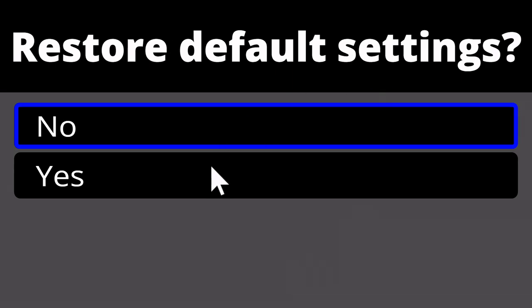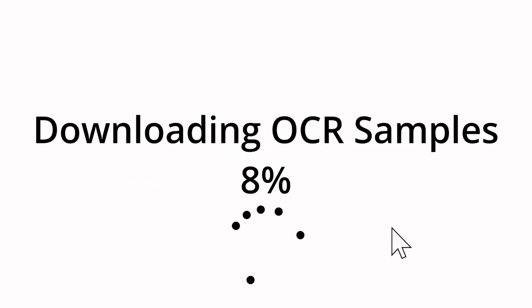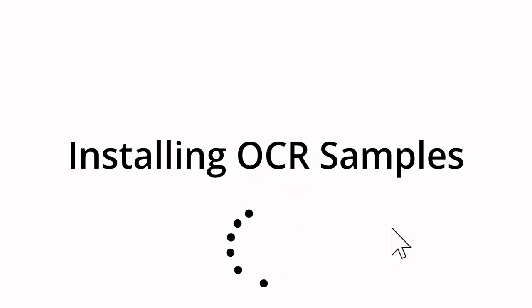And if I click on that and click Yes, it's going to clean up everything in the system. It's not going to remove any of my voices that I've downloaded and installed or anything of that nature. But what it's going to do is clear my OCR samples and then reset the colors, the number of icons that appear, how many applications appear in the carousel, and so forth, back to the default, so I don't have to go through them all individually to make changes again.